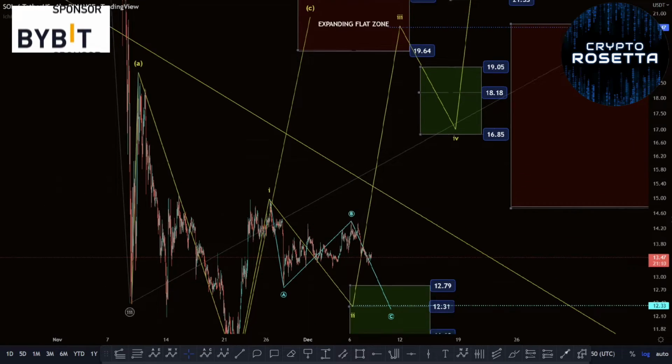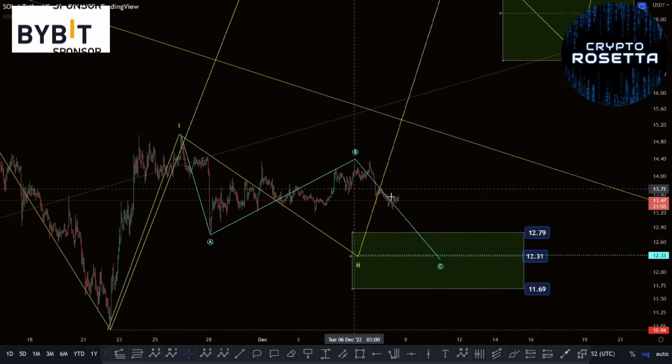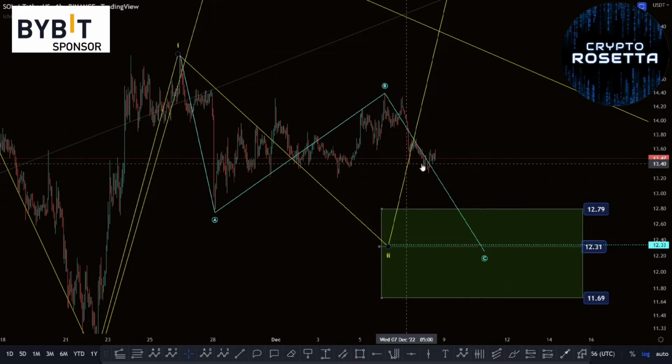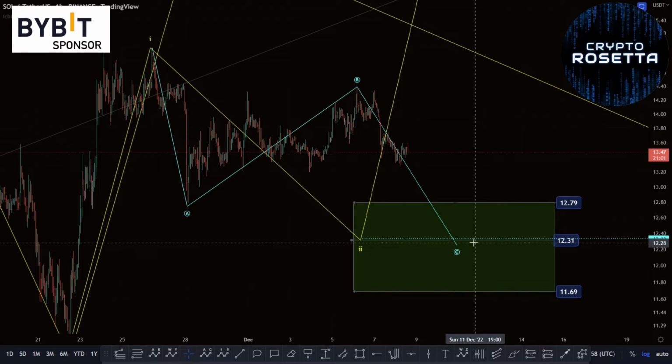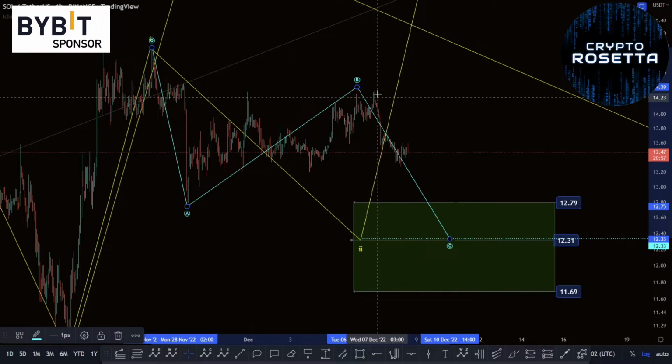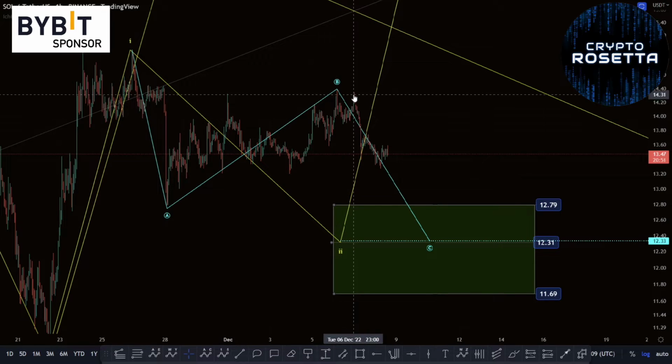Okay, so this current move down that we're looking at here, this teal ABC, is looking like a corrective move, and it's looking like we could potentially move down some more here. Given the current structure, it looks like we have a small 5-wave move by the look of it, which is 1, 2, 3, 4, and 5 into these lows.